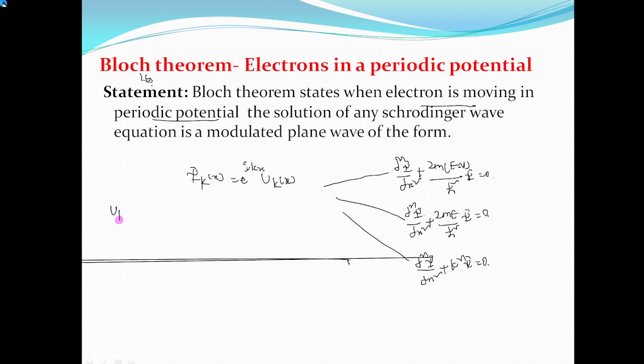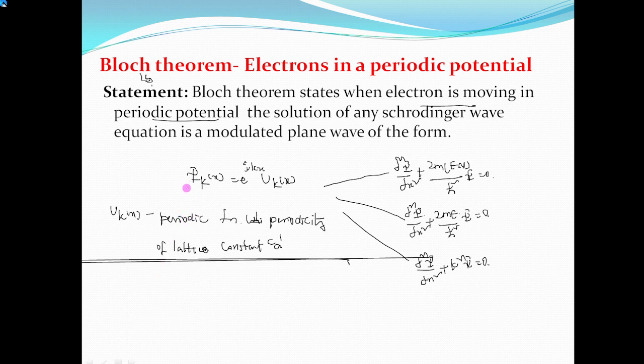Here u k x represents a periodic function, which varies with the periodicity of the lattice constant A.